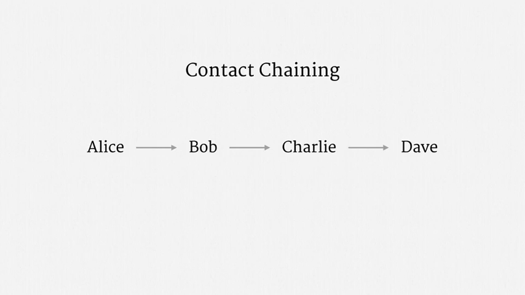In NSA jargon, Alice's email address would be the seed query. Bob would be 1 hop away. Charlie would be 2 hops away. And Dave would be 3 hops away. After targeting Alice, the NSA would not just have access to Alice's email metadata.